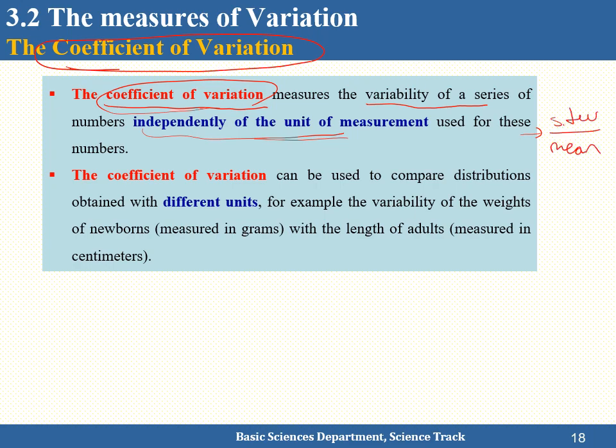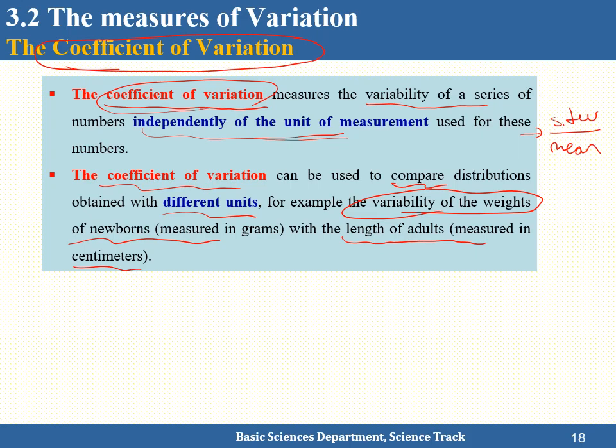You can also use the coefficient of variation to compare two data sets in different units. For example, one data set is the weight of newborns and the other might be the length of adults measured in centimeters, and you can compare the variability of these two data sets.